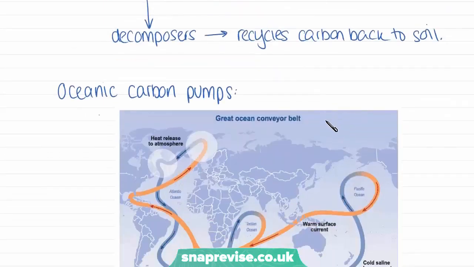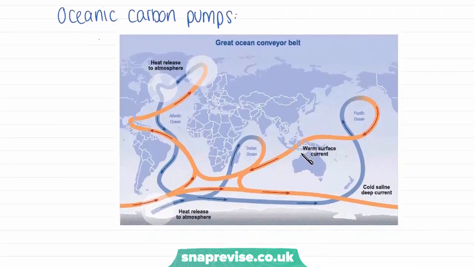The next movement we have is through oceanic carbon pumps, and this is to do with oceanic circulation, represented by these arrows on this map here. The orange arrows represent the transfer of warmer surface currents in the ocean, whilst the blue arrows are those which are colder currents, which travel at the deep depths of the ocean.